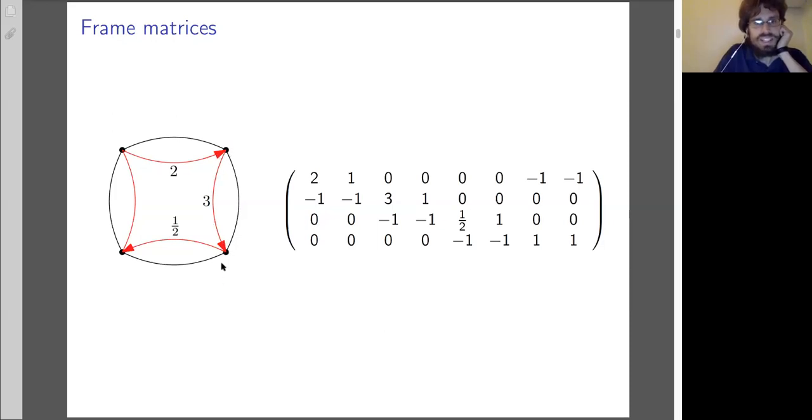Then to cancel here, we have to add on 3 times 2 times this vector, so 6 times this vector. And then here we have a factor of 1/2, so we'd have to add on 1/2 times 3 times 2, so just 3 times this vector, but then it doesn't cancel here, right?